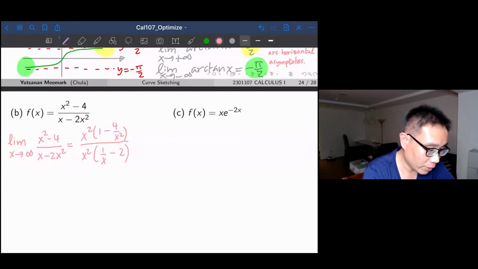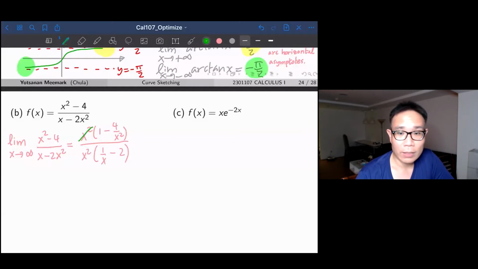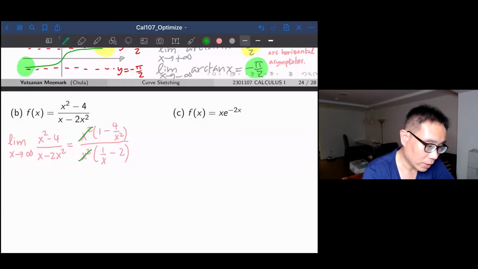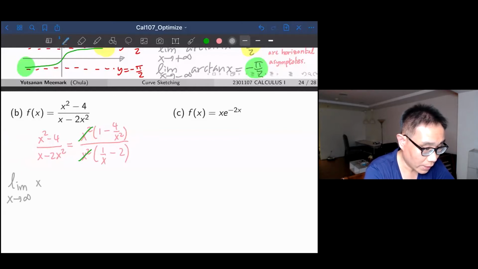You simplify by canceling x squared. So you're going to find the limit as x goes to infinity of x squared minus 4 over x minus 2x squared.